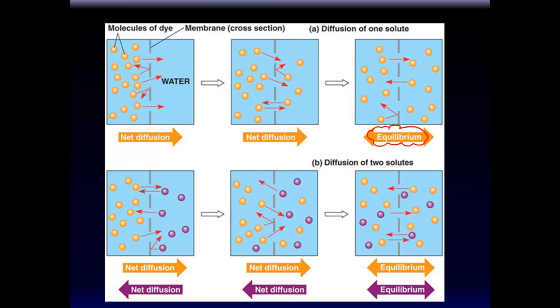Another way of saying that is equal bumping opportunity. Now, if there are two solutes, the yellow here and the purple here, they're going to do the same thing. It's not like they know there's more purple here than on the other side. It's just a matter of probability and bumping into each other, and eventually they will be equally distributed like this.